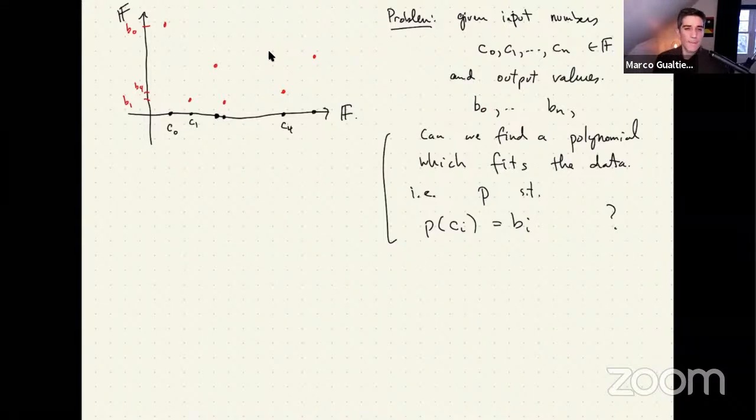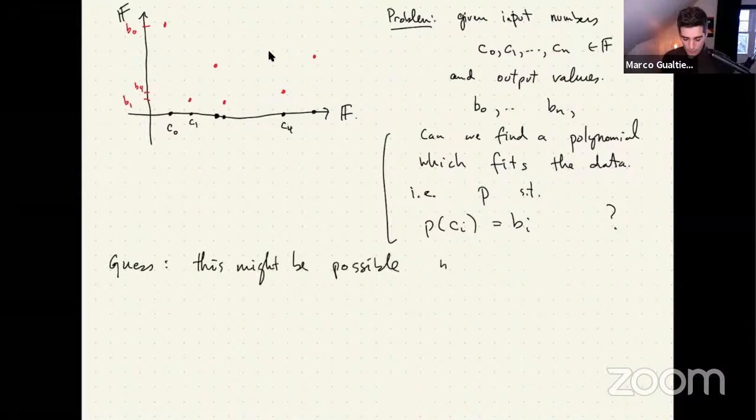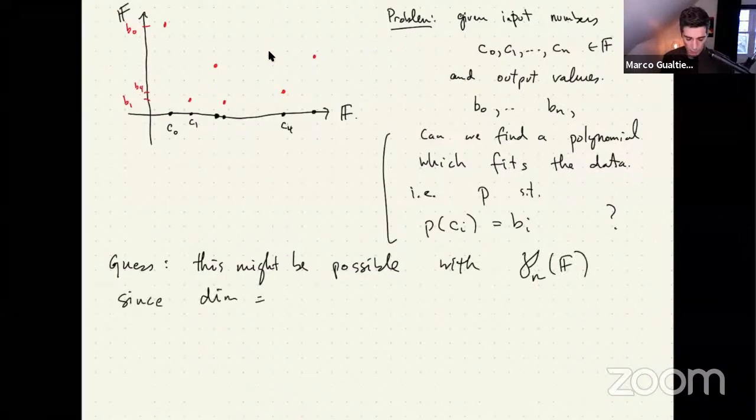Okay, so the guess is that this might be possible with Pn of f, since the dimension is equal to n+1, there is enough freedom in the choice of my polynomial of degree n.